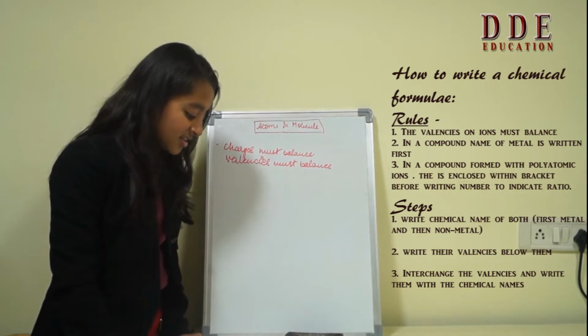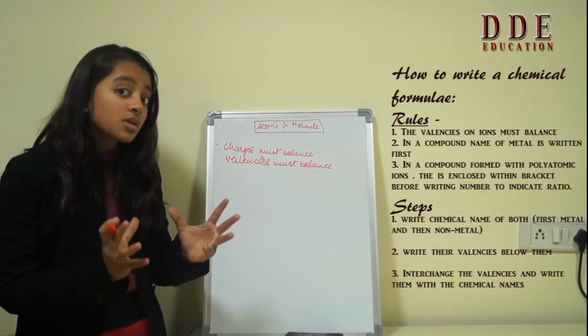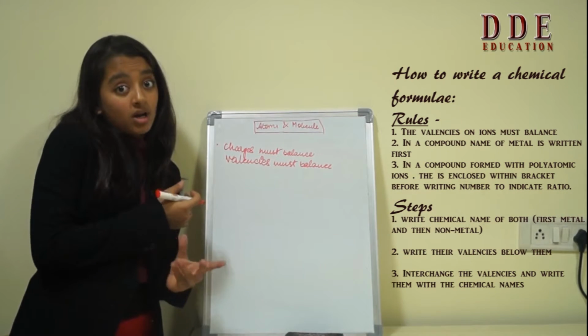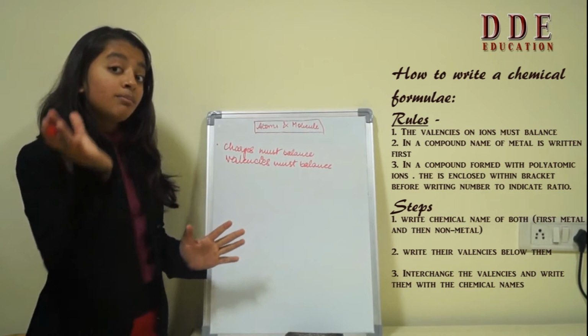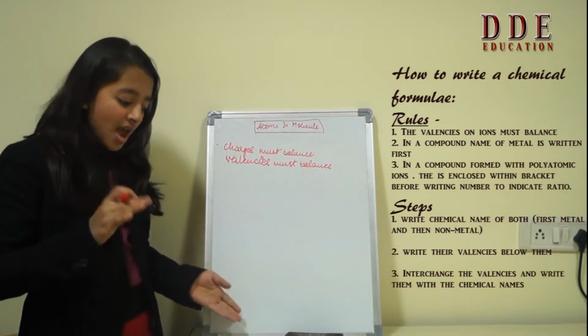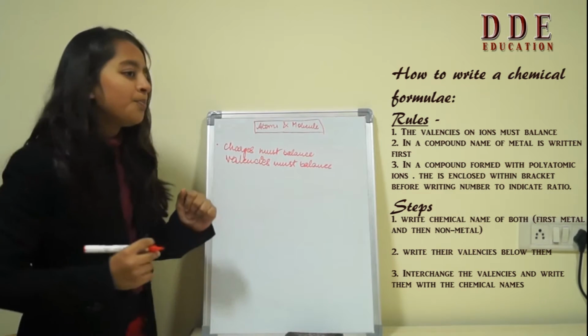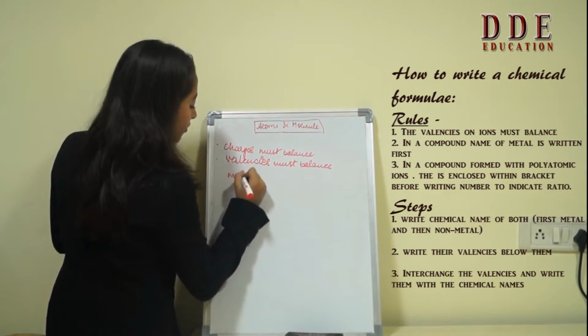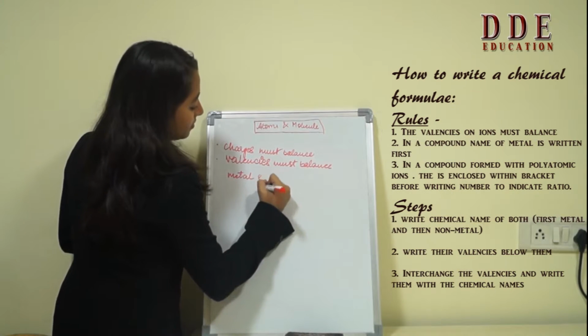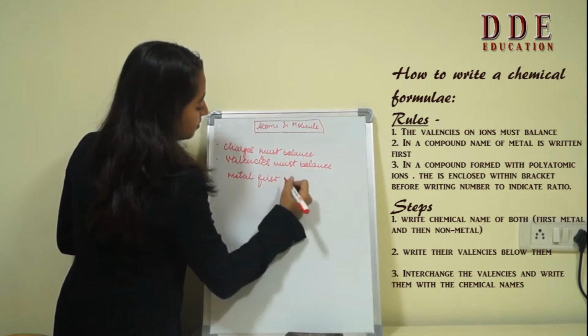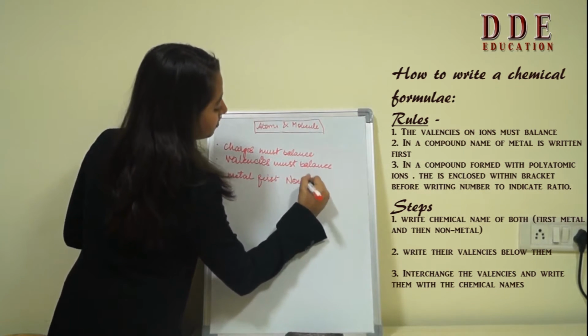The other thing it says is that when a compound is composed of one metal and one non-metal, then the metal should be written first and the non-metal afterwards. Metal first, non-metal after it.